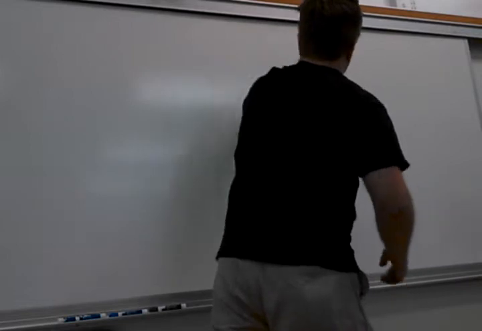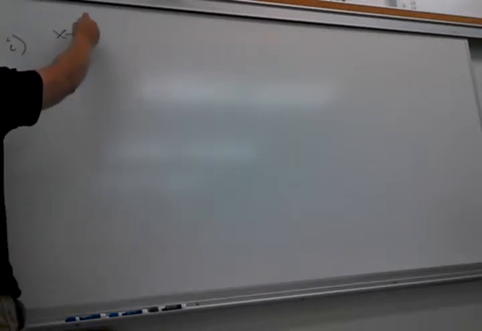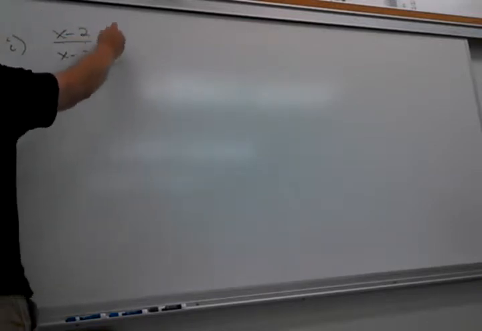So what we just got into was, if I see something like this, what would that be? 1. It's just 1, right? Something divided by itself is 1.